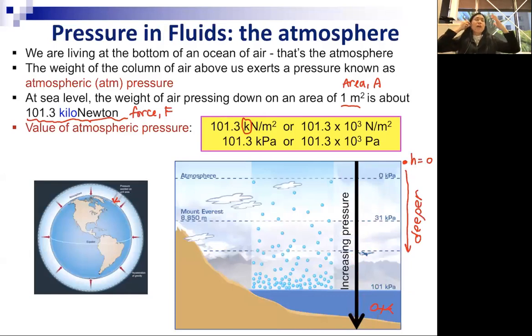You can logically think about that: as you go deeper, you'll have more water above you exerting a force downwards. More water molecules are exerting force downwards, and therefore there's more pressure being exerted on you.